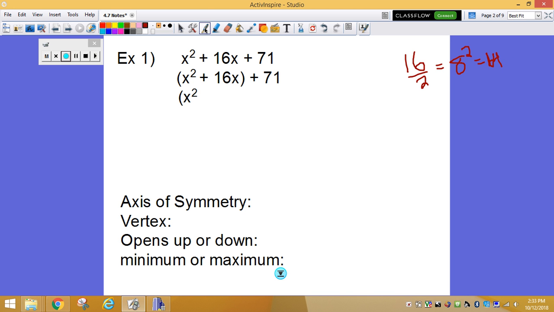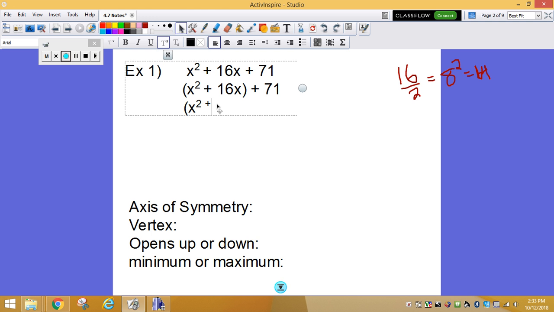So I'm going to take that 64. I'm going to leave this the same, plus 16x, and I'm going to add this 64 that I got right here.